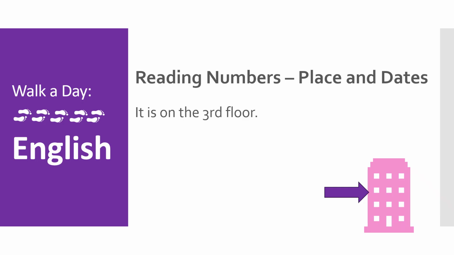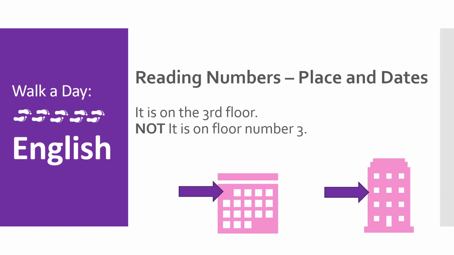I would not say it is on floor number 3. I would absolutely understand what you meant. Communication has been made, but I would also understand that your first language isn't English. So again, it is on the third floor.